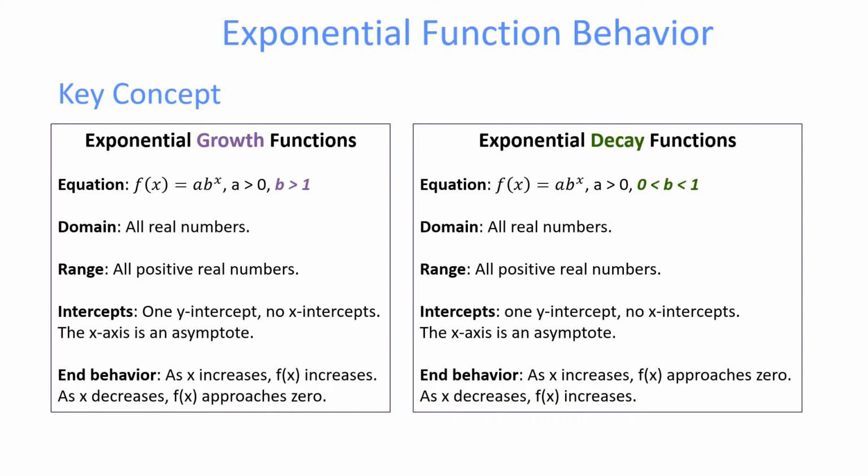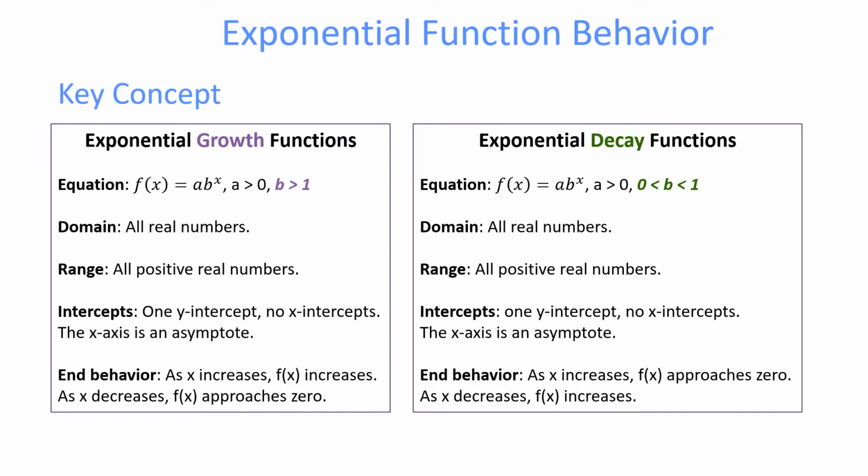The range of y values is all positive real numbers. For the intercepts, there will be one y-intercept and no x-intercepts, the reason being that the x-axis is an asymptote. And the end behavior: as x increases, f of x increases, and as x decreases, f of x approaches 0.